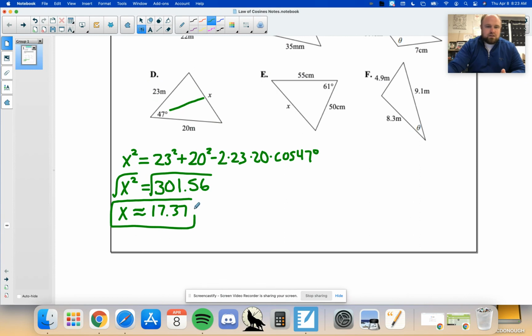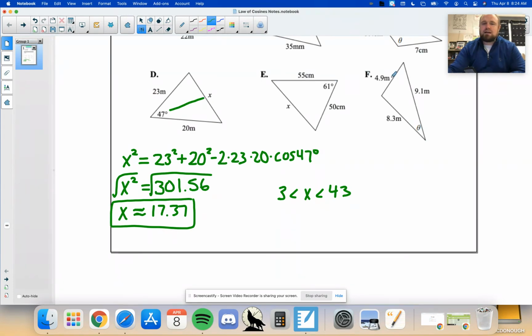And again, using triangle inequality, I would say that if I take 23 minus 20, that's 3. And if I take 23 plus 20, that would be 43. So my answer has to be somewhere between 3 and 43, and 17 definitely falls within that range. So 17 seems very reasonable for x.